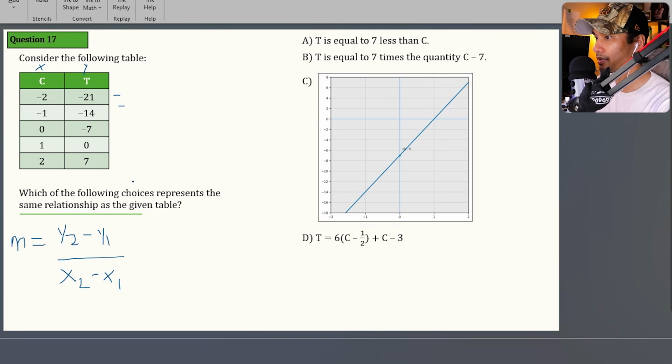And I chose these two over here. It doesn't matter which order we do it. Once we pick that order, we have to stay with that order. So I'm going to make this y2, and I'm going to make this y1, and I'm going to make, wait a minute. See, I confused myself. Yeah, that's right.